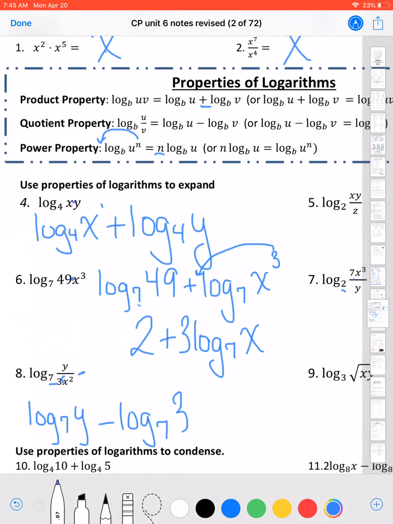Numerically, 7 to what power is going to give you 3? We don't really have anything for that, so we'll just let it go. Minus, because the x is also in the denominator, so that is why I'm keeping it a minus. Log, and I'm leaving room there purposely, base 7 of x. Since the exponent of 2 is with x, it's going to fly right to the front. So I'm skipping that extra step of rewriting, because I ran out of room.